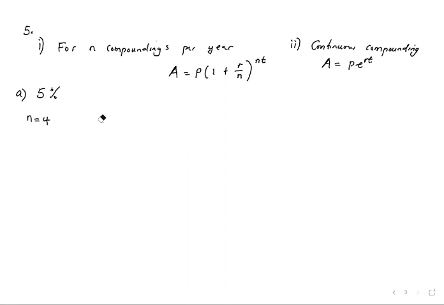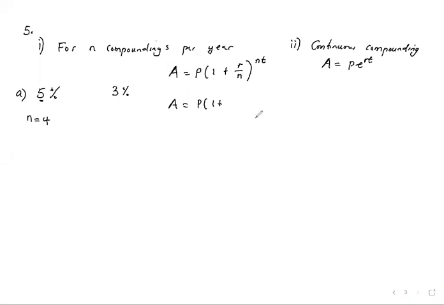Then the second account pays 3% compounded continuously. Which account earns more money and why? So let's see. A is going to be P, we don't know, (1 + R) with the rate 5%.